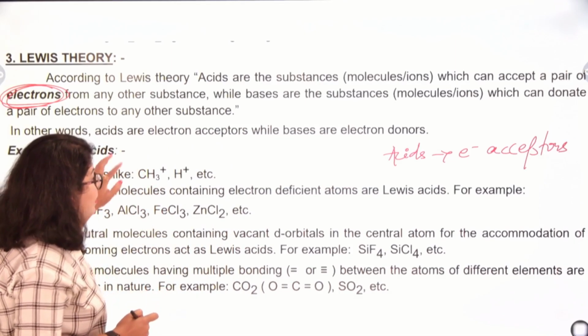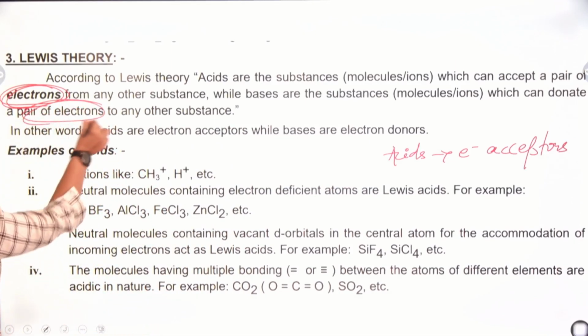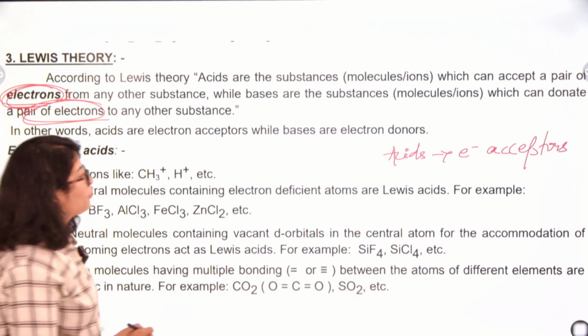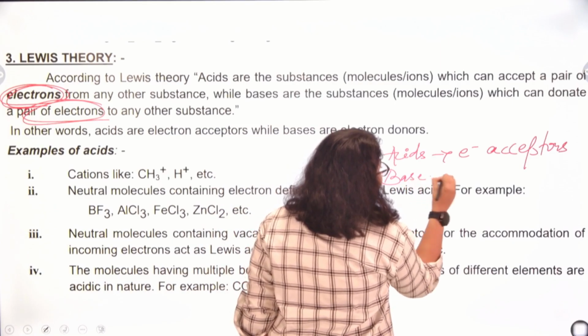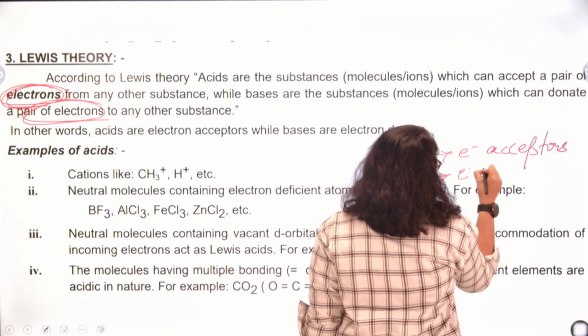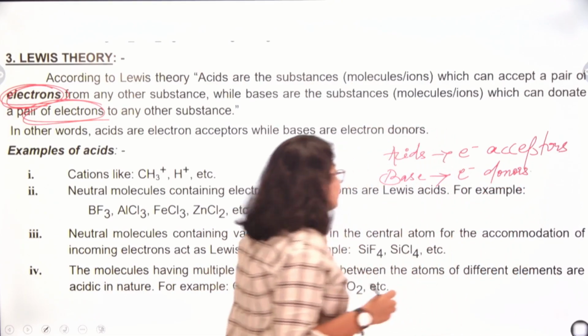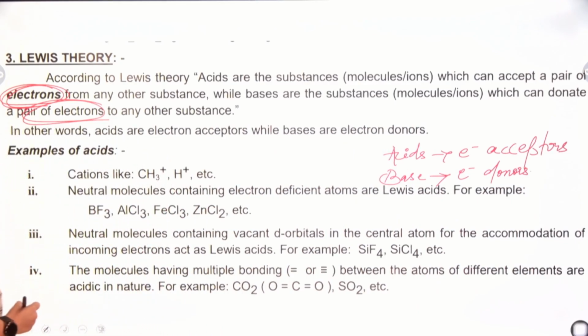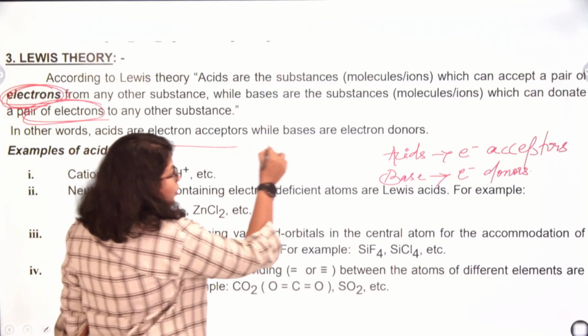So, bases are substances which can donate a pair of electrons to any other substances. So, here what they explained is acids are electron acceptors and bases are electron donors.